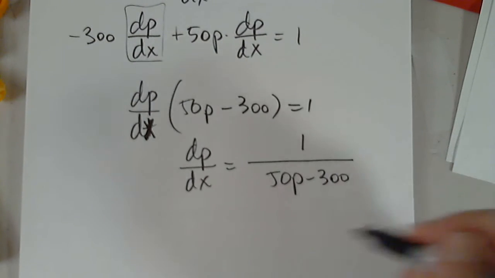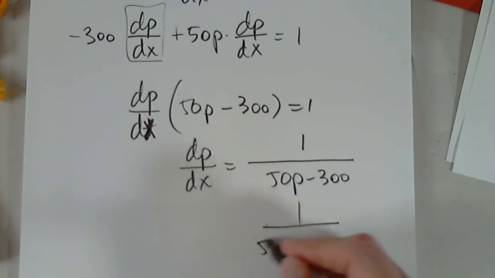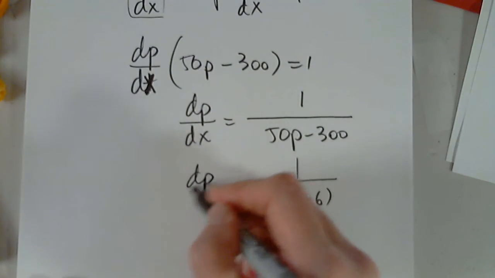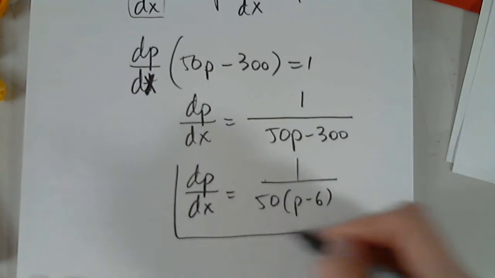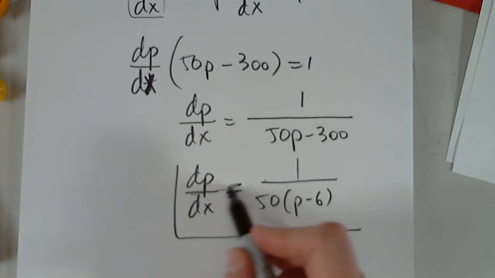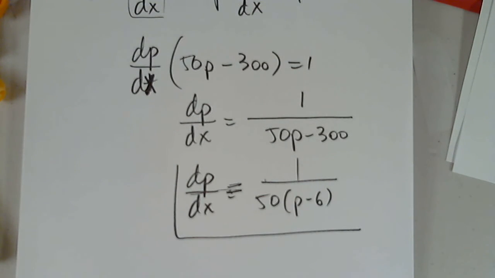Yeah, you can factor out 50 in the denominator if you want to, so it's p minus 6. So dp over dx looks like this. I want to have these on the same line, sorry. All the fraction lines and the equal symbol should be lined up. Okay.